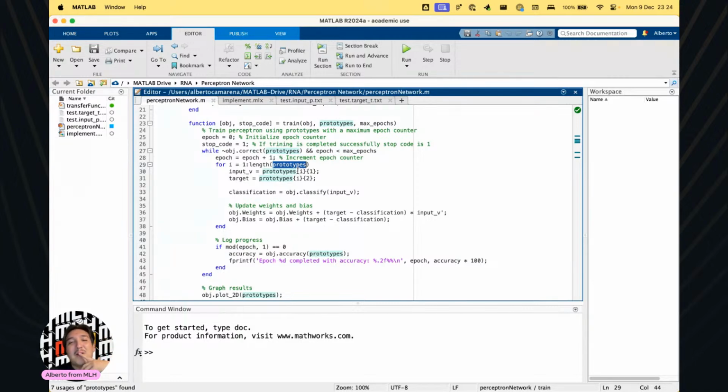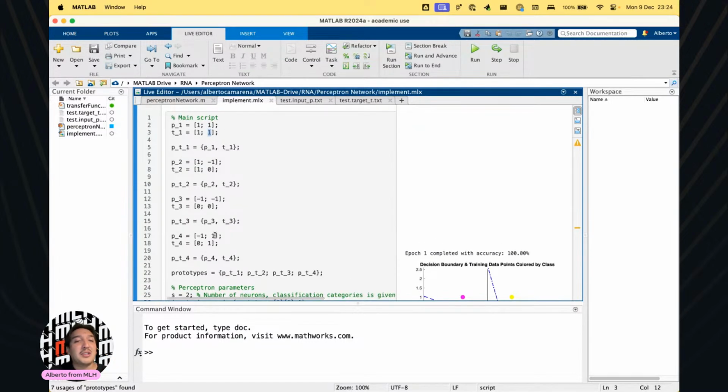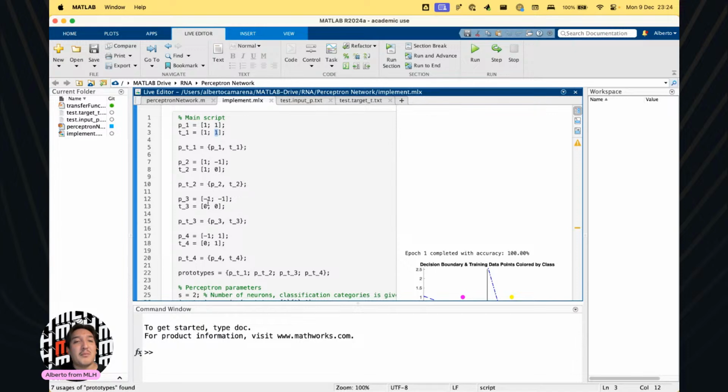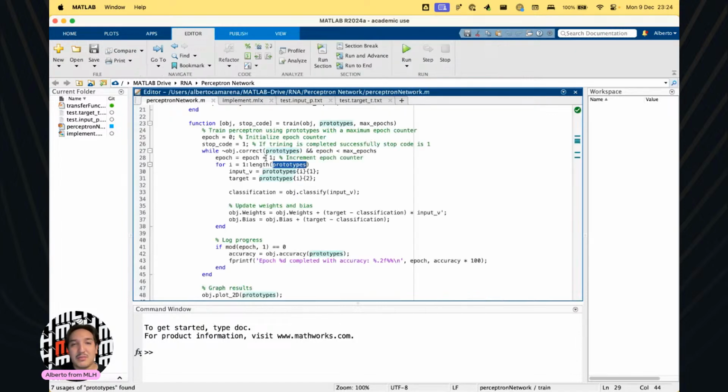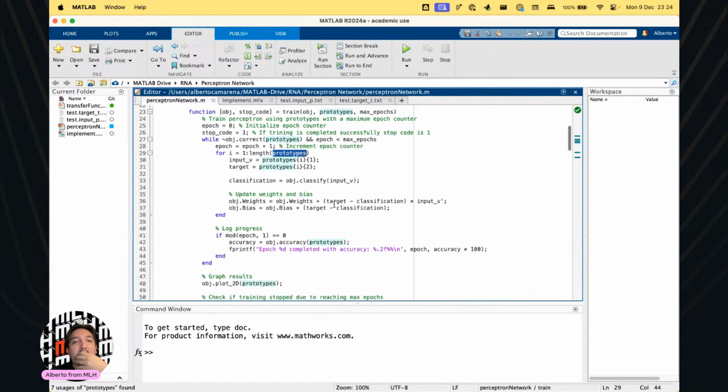But these are again very limited in the amount of data we have. Here, we are only training with 4 prototype vectors, so not much problem for that.